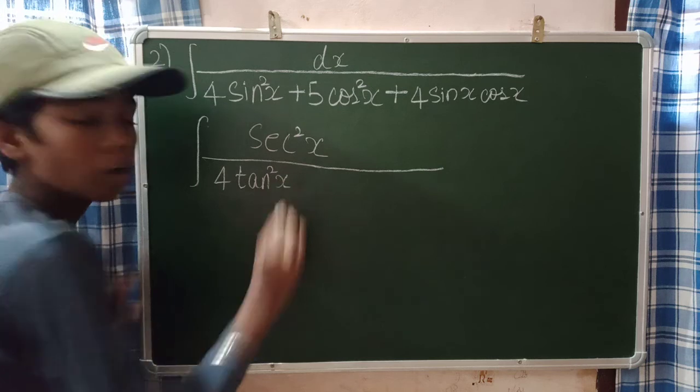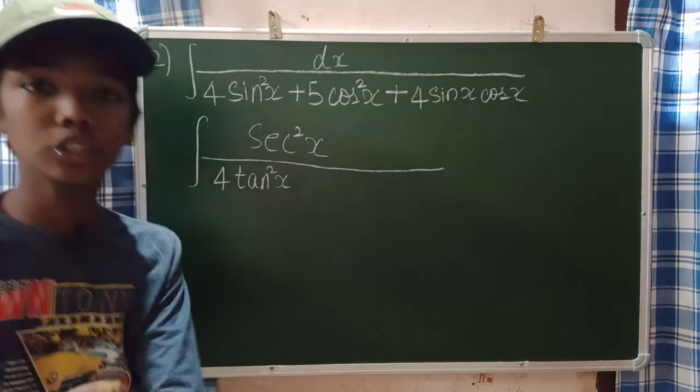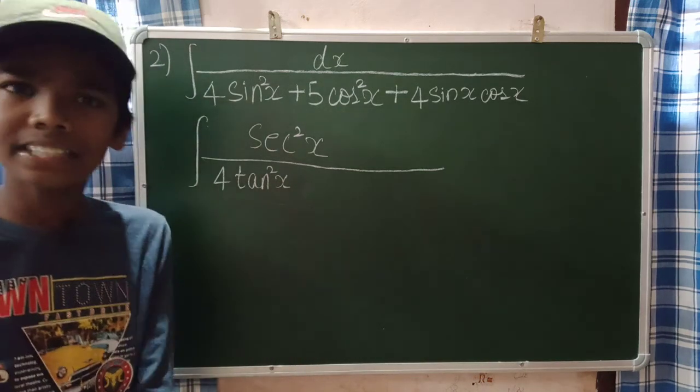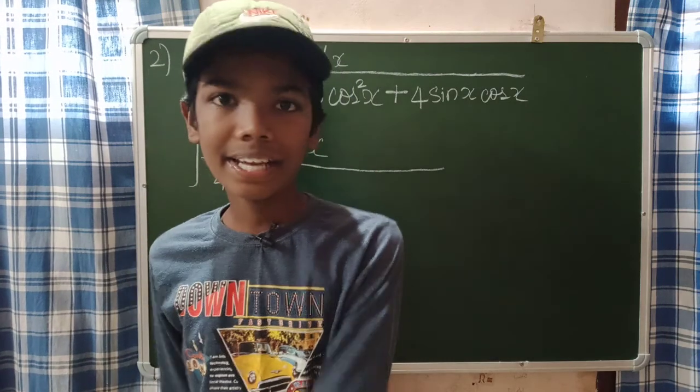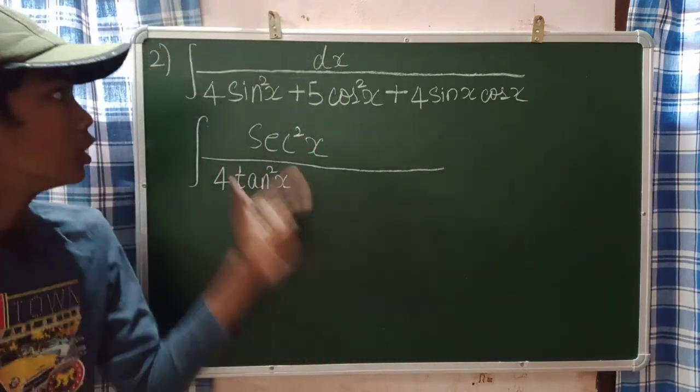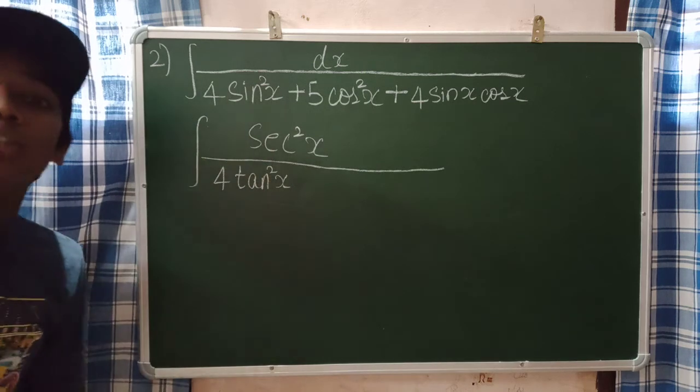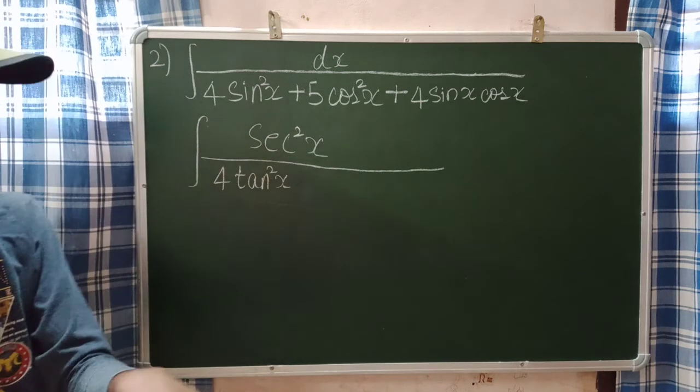Why? Because this is a basic ratio which you learned in trigonometry even in 9th, 10th standard. Sin theta by cos theta is equal to tan theta, and that is why I am writing it as tan square x.